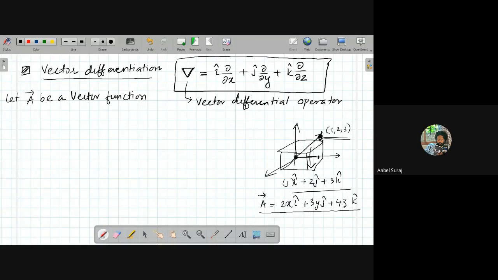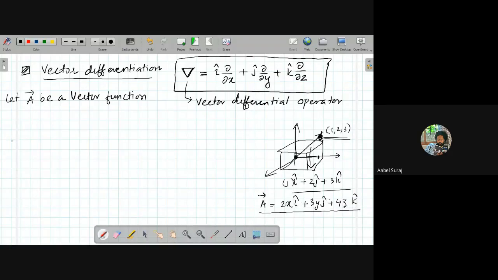Depending upon x, y, z, we'll get different values of a. If x, y, z are 1, 1, 1, then you'll get 2i plus 3j plus 4k. If it is 0, then the vector is equal to 0. So depending upon the values of x, y, z, we'll get different values of the function. This is the difference between an actual vector and a vector function.